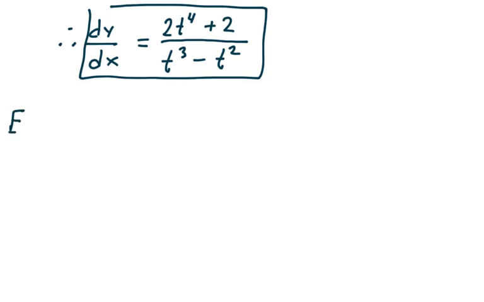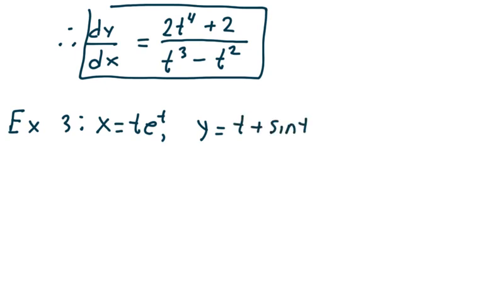Example 3. Suppose I had x equals t e to the t and y equals t plus sine of t. So dx/dt, by the product rule, I'm going to take the derivative of t with respect to t and get 1 and multiply by the second function, which is e to the t.